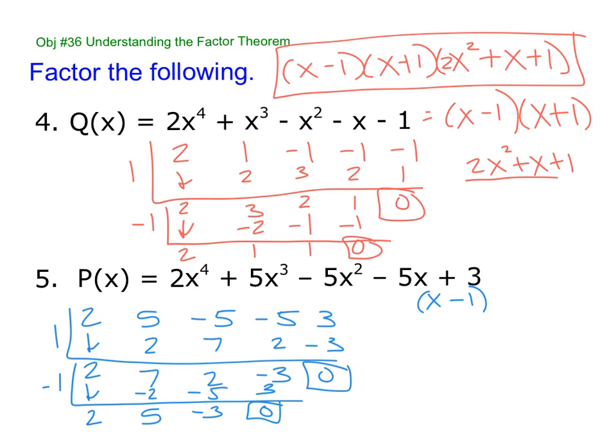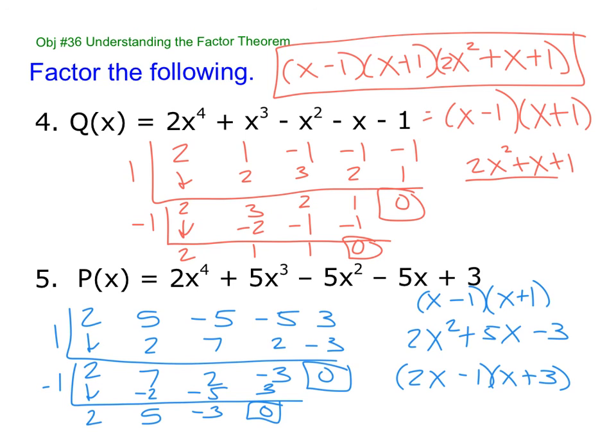Wow, I'm good at this. X plus 1. And then we got 2x squared plus 5x minus 3. That is factorable. Plus 3, that's 6 minus 1. All right, so my final answer here is x minus 1, x plus 1, 2x minus 1, and x plus 3.